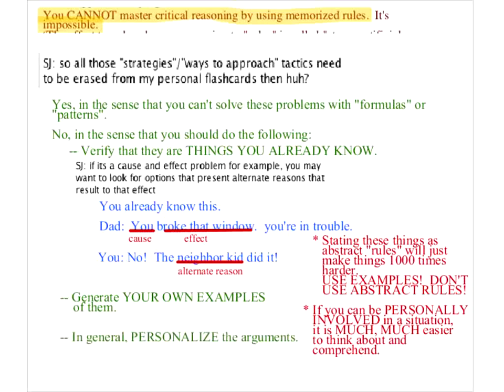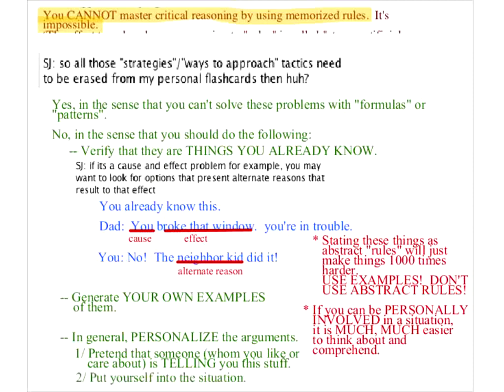Number one, pretend that someone whom you like or care about is telling you this stuff. Or number two, put yourself into the situation, if possible.